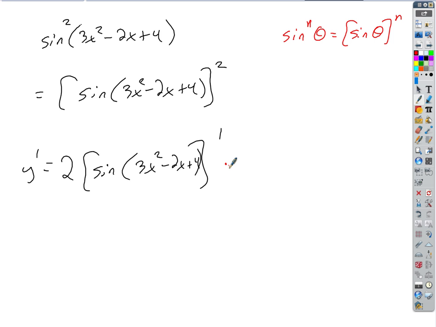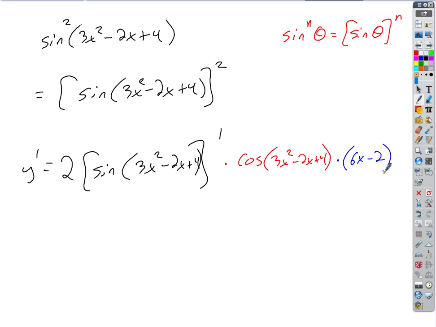What's the derivative of sine hand? Cosine hand. We look inside the cosine, and finally, what's the derivative of that polynomial? 6x minus 2. That's it.